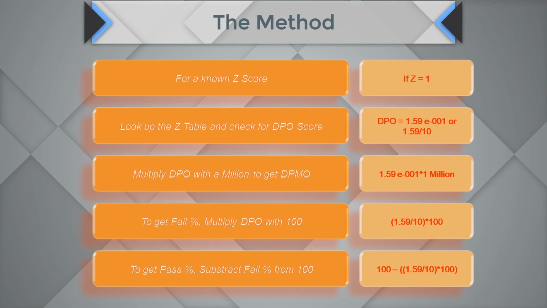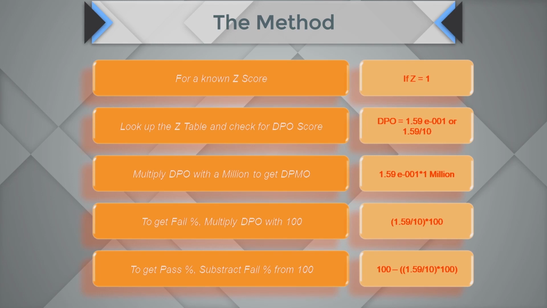So if I am looking at a Z score of 1, when I look up the Z table, it shall give me a DPO value of 1.59 E-001 or 1.59 by 10. If I were to multiply this with 1,000,000, it will become my DPMO. So 159,000 shall be my DPMO score at a Z score of 1.